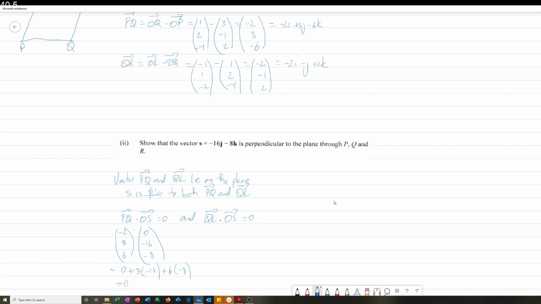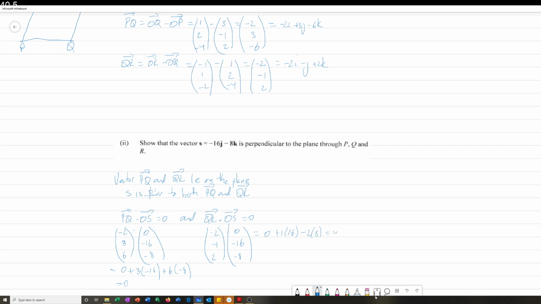Right? And for QR, QR is minus 2, minus 1, minus 2, sorry, plus 2. Let me erase that. And OS is 0, minus 16, minus 8. So let's find the dot of this. So that is 0, plus 1 by 16, minus signs will go away, minus 2 by 8.